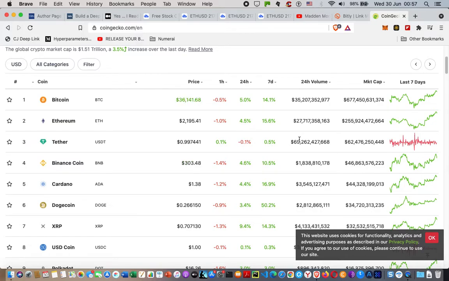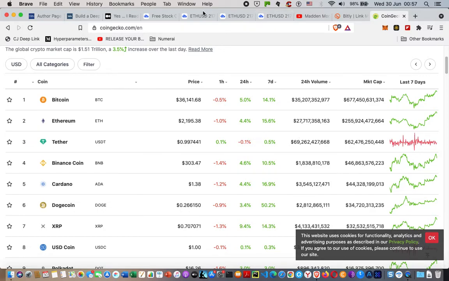Overall, all in all, ladies and gentlemen, as I've said before and I'll say it again, Bitcoin rules the roost. And as long as the price of Bitcoin is still below the 21 weekly exponential moving average, do not expect any major rise in price of the altcoins.